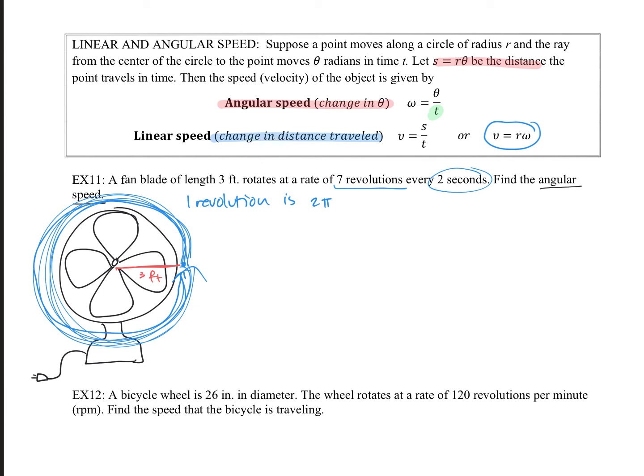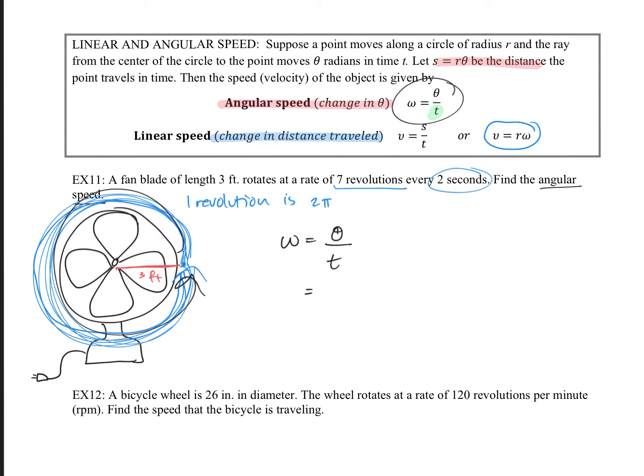Well, the formula for angular speed is right here. So w equals theta divided by t. Well, what is theta in our problem? Theta has to do with how far it has gone around, right? And it went around 7 revolutions. Actually, let me write this out on the side.